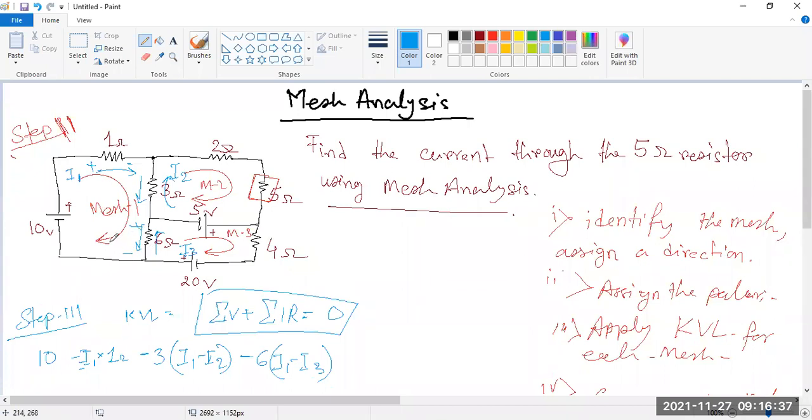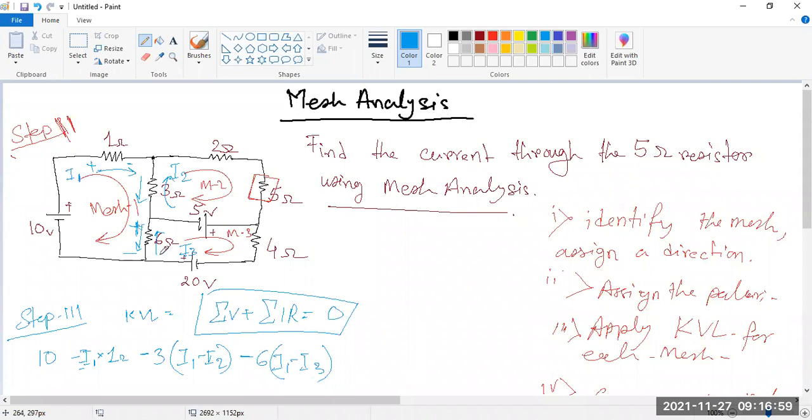We are assuming now it is flowing in this direction, whatever the other voltage may be, but in this loop only one direction of current should flow, that is I1. And if I1 is flowing in this direction, we have to assign positive over here and negative over here. That's why current is flowing from positive to negative.